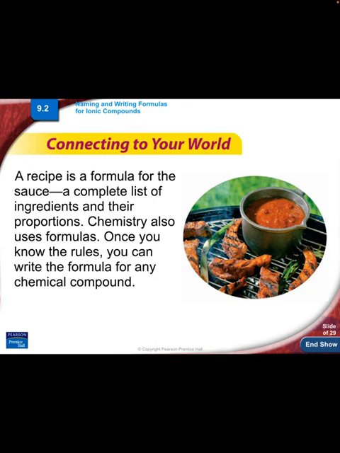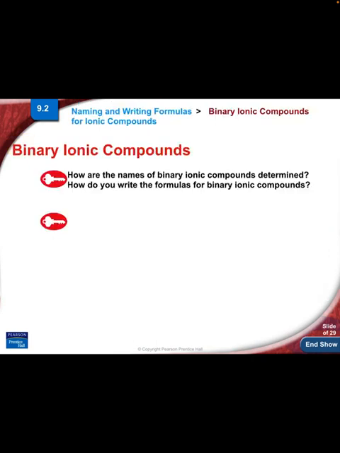And compounds are like a recipe. Formulas are like a recipe for the compound. When we write the formula, we tell what's in it and how much of what is in it. So we're going to list all the atoms involved, and do so by also saying how many of each type of atom is present.